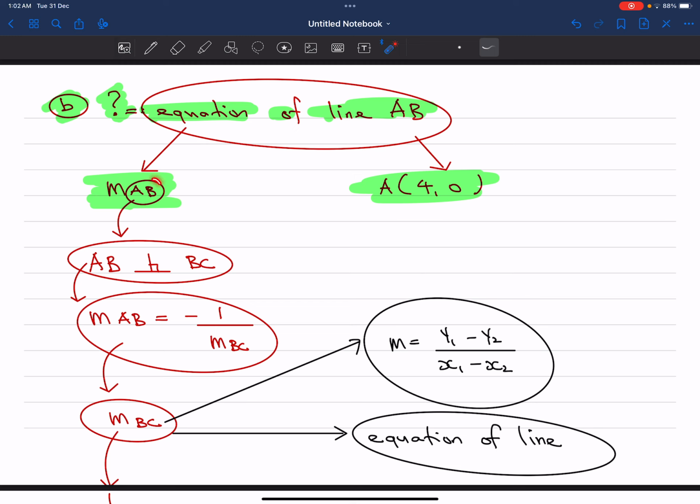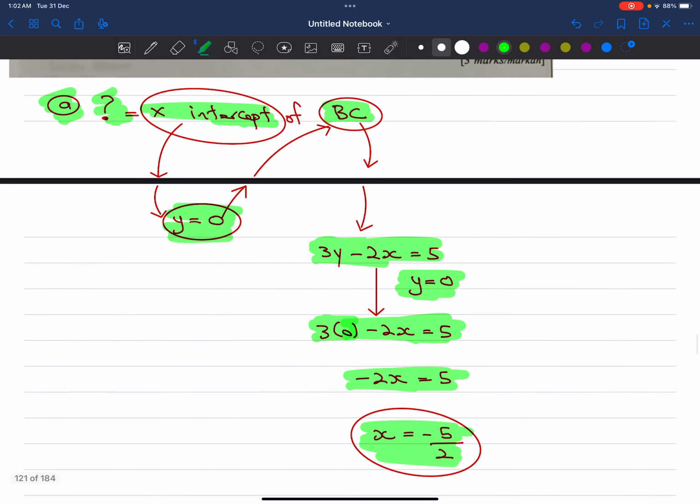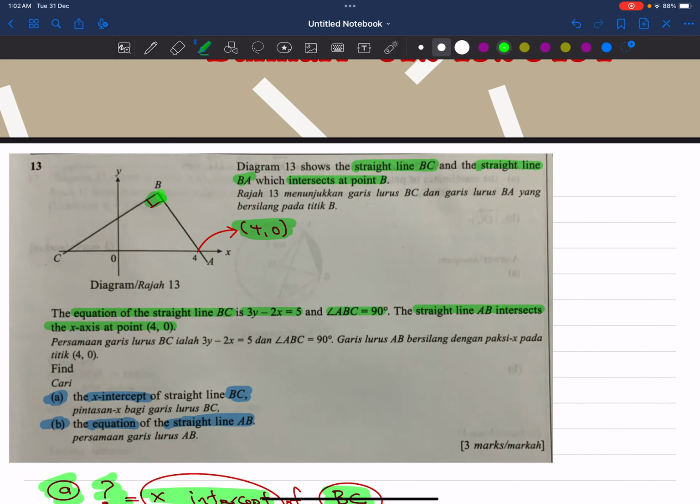And the line AB is perpendicular to the line BC. This was given over here, because of this 90 degrees.